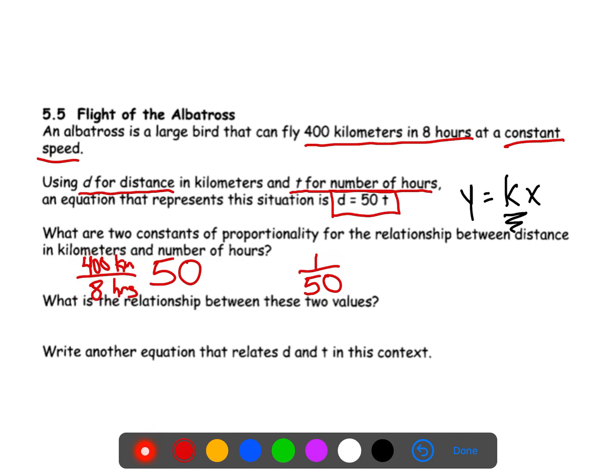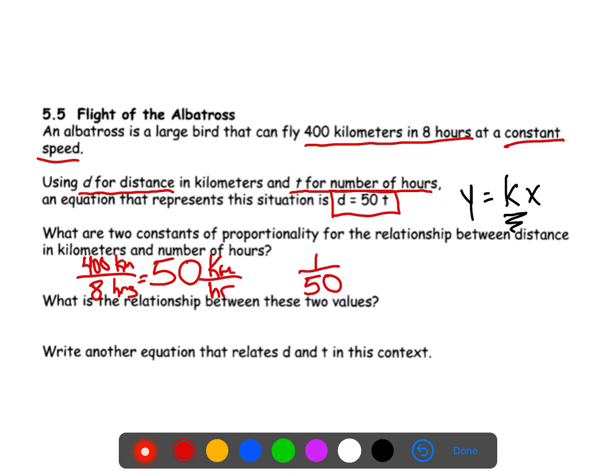And 400 divided by 8 equals 50. That's 50, and if I keep the same way that the unit of measurements are shown, that'd be 50 kilometers every 1 hour, because remember that comes from a unit rate. So kilometers per hour. All right, that sounds like a speed to me. So we have the speed of the albatross, that constant speed is 50 kilometers per hour.